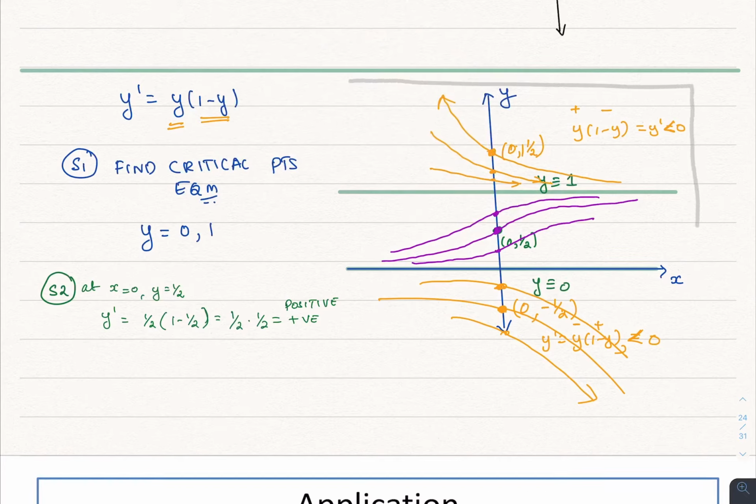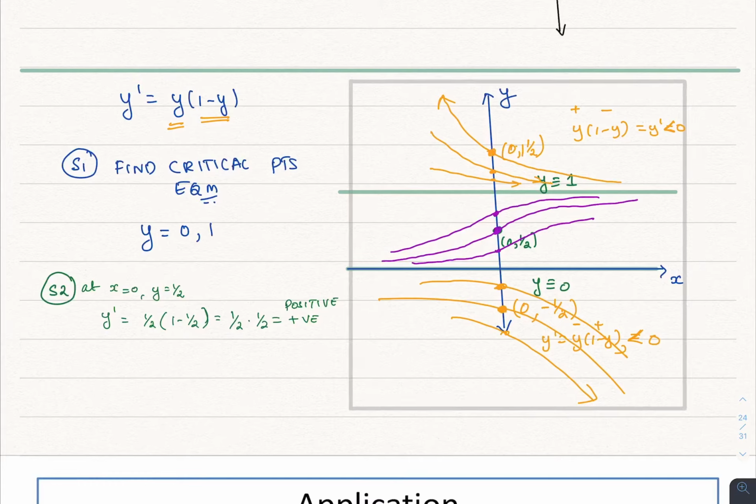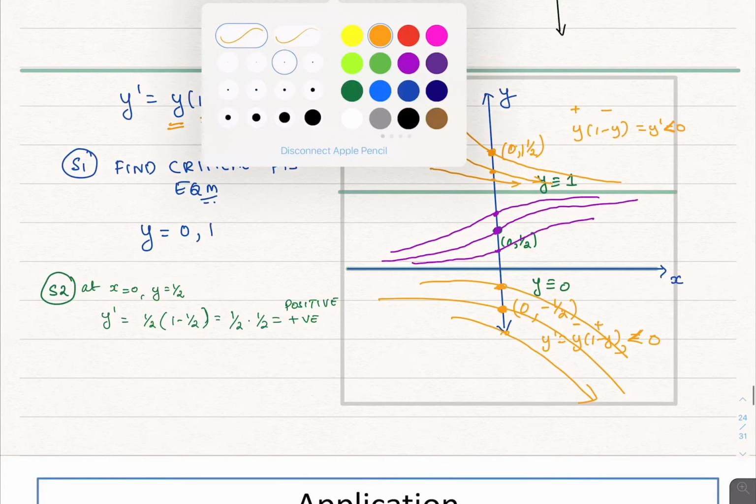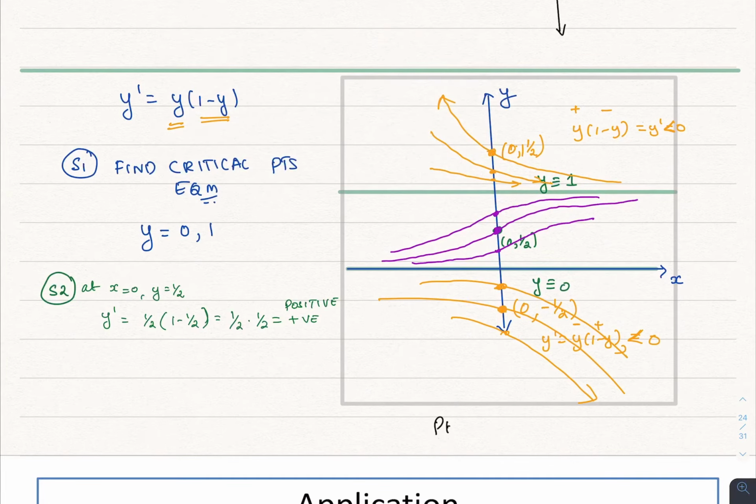And by the way, this is called the phase plane. This is the phase plane, more precisely, of the differential equation y prime is equal to y times 1 minus y.